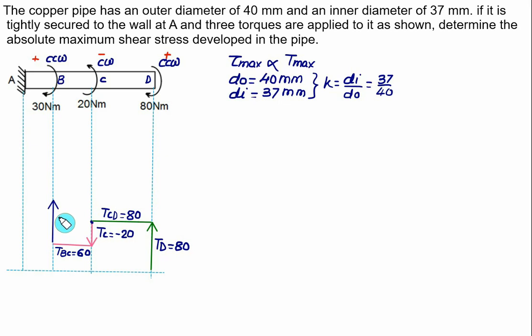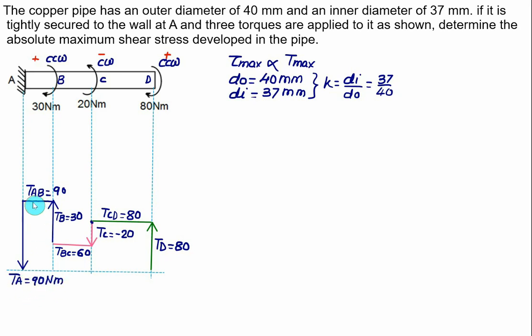This is the torque TB, equal to positive 30. The previous value was 60, and 60 plus 30 is 90. That value remains constant over the section AB. So the torque in AB is 30 plus 60 equal to 90. And this total torque is the reaction torque TA, equal to 90 Newton meter.